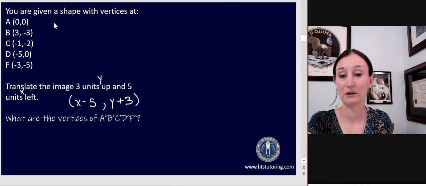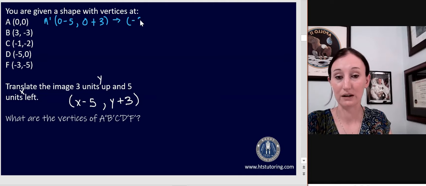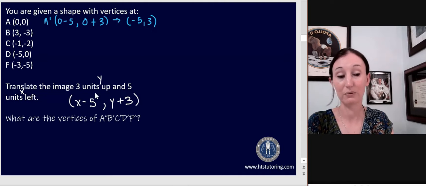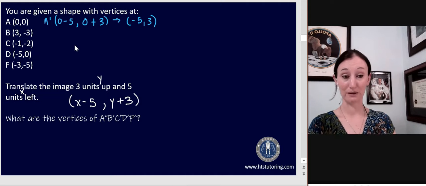Let's calculate the new vertices. A prime is (0 minus 5, 0 plus 3), or (-5, 3). So our new point is at (-5, 3).